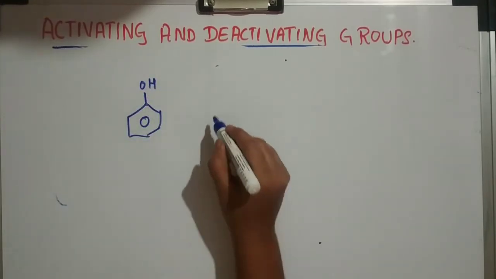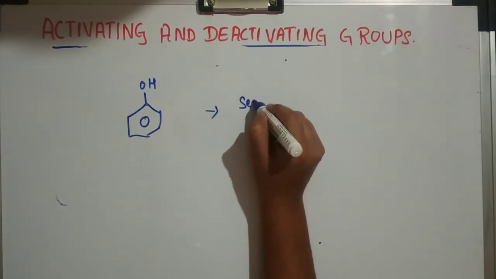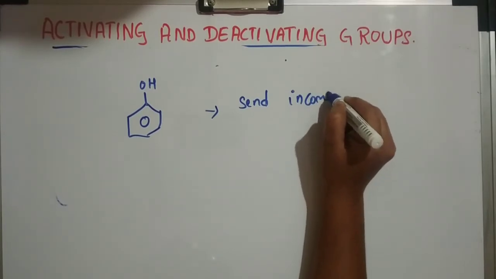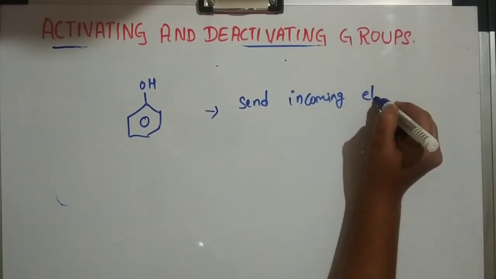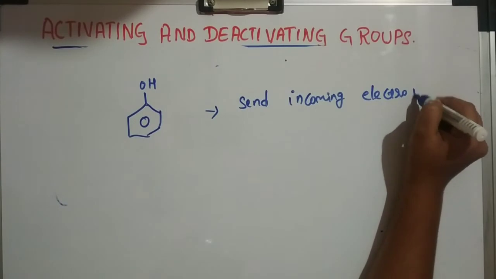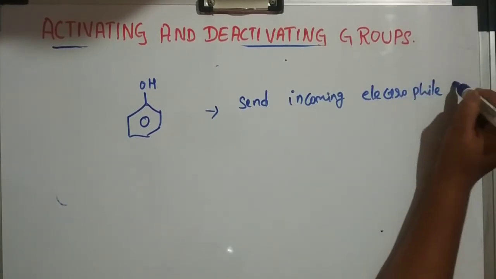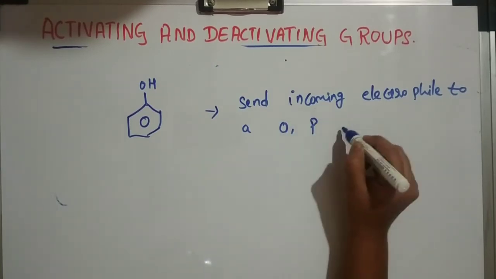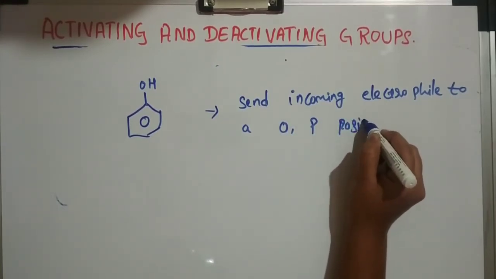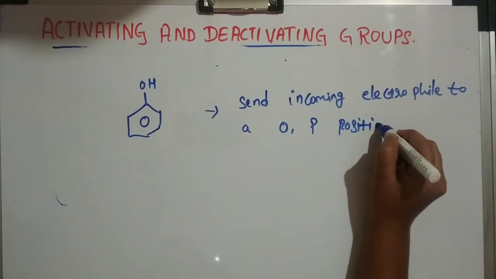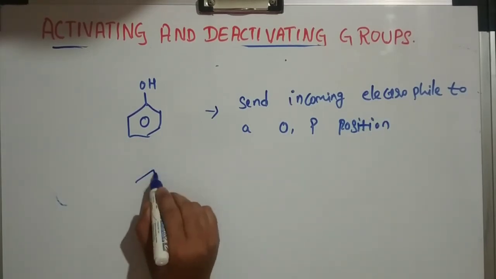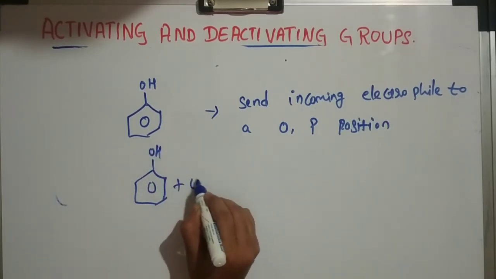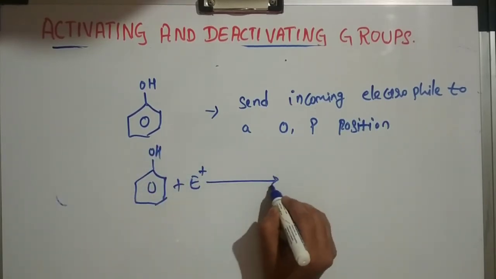So what they do is they send the incoming electrophile to the ortho and para position. This is an example. We'll see OH. Here we have an electrophile, so the reaction is taking place.